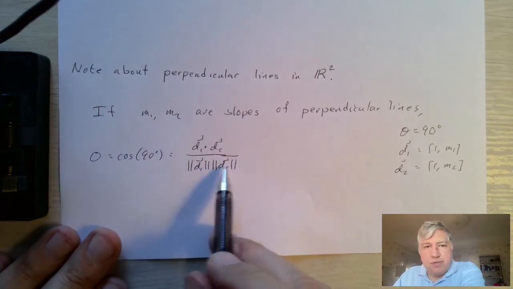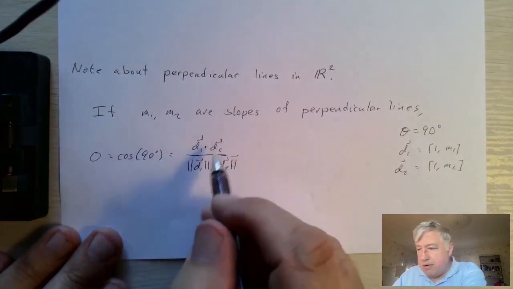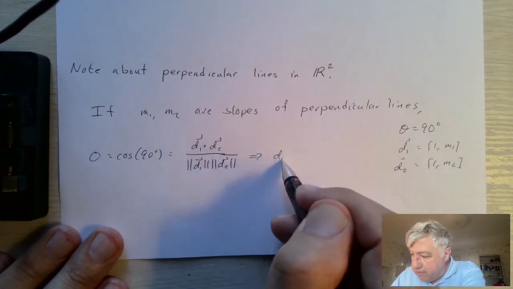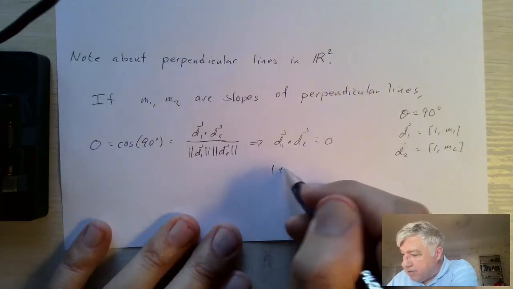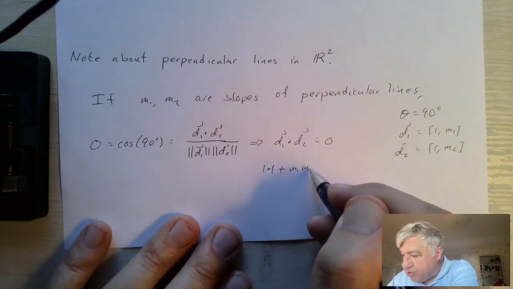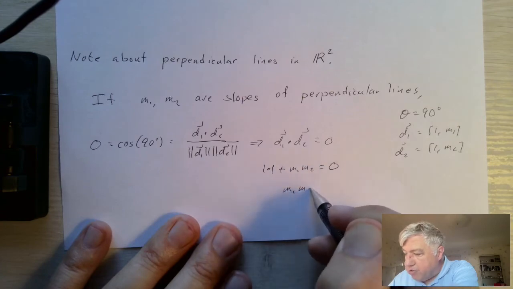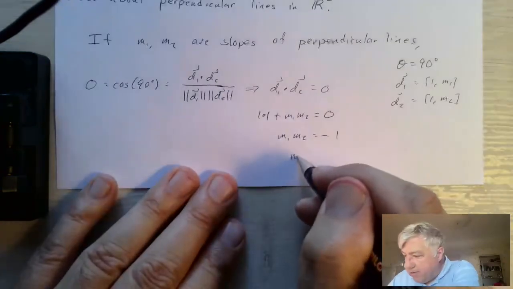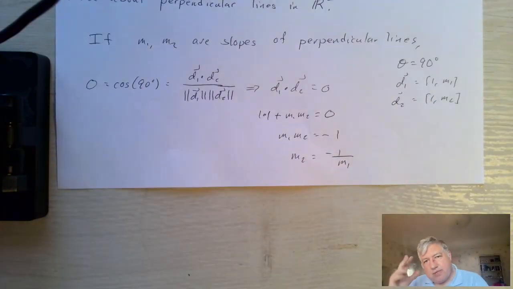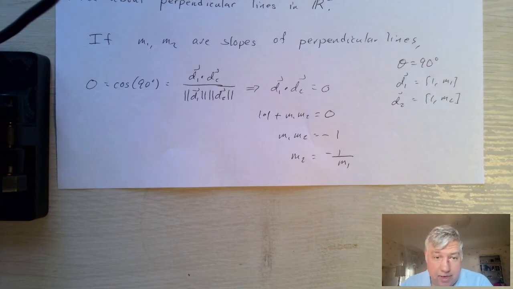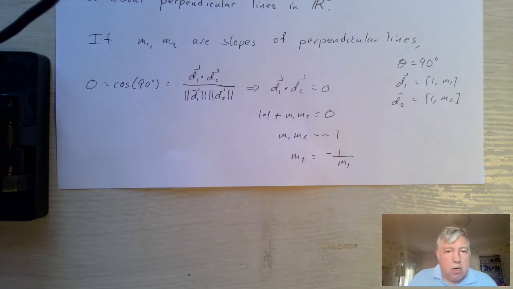We know the lengths are never going to be 0, so the only way this can be 0 is if the dot product is 0. The dot product is 1 times 1 plus M1 times M2 equals 0. So M1 M2 has to be negative 1, and so M2 equals negative 1 over M1. That's where the negative reciprocal comes in. We proved it using dot products. Kind of cool, maybe. All right, we go to the last example, or the last sheet.